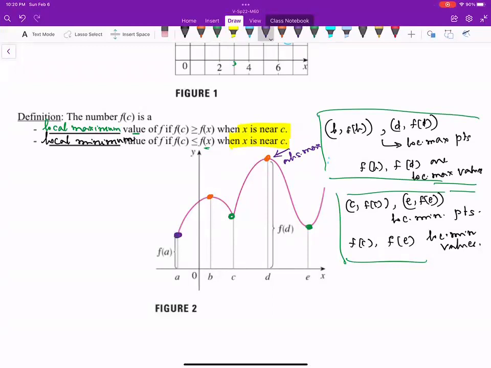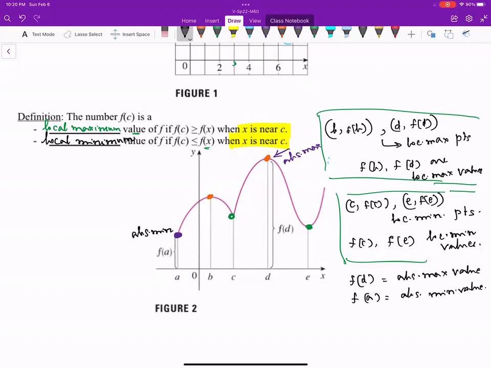That is going to be the absolute minimum. You can say f at D is the absolute maximum value, and f at A is the absolute minimum value.